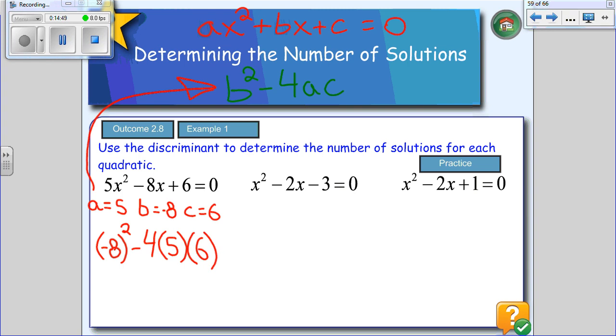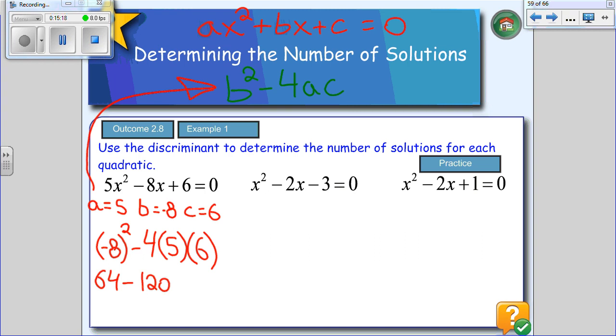If you put negative 8 squared in your calculator without brackets, it'll say it's negative 64. If you put negative 8 in your calculator with brackets, it'll say it's positive 64. You want the positive answer, so you want to use brackets. So you calculate this thing, you're going to end up getting 64 minus 120. That means it's negative 56.